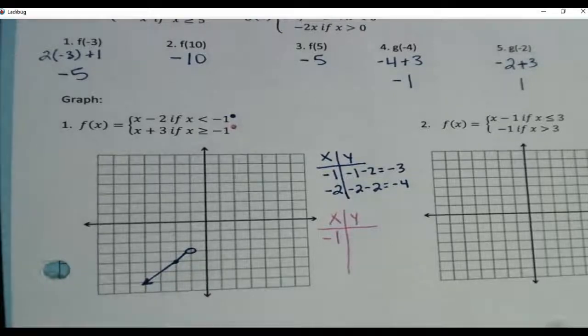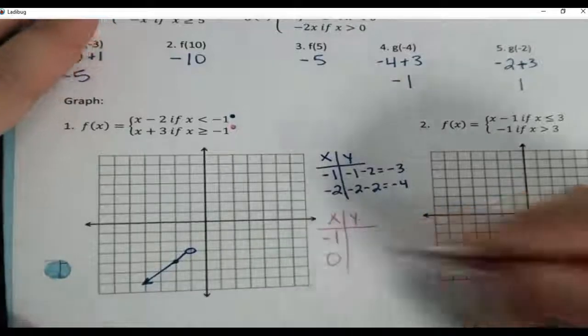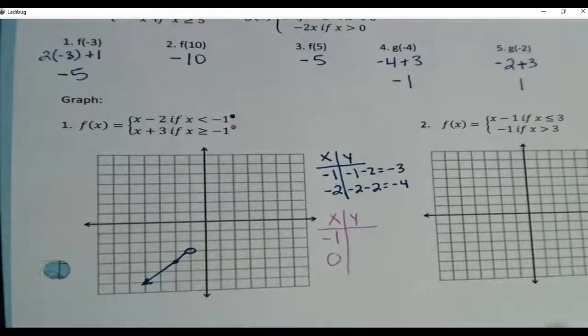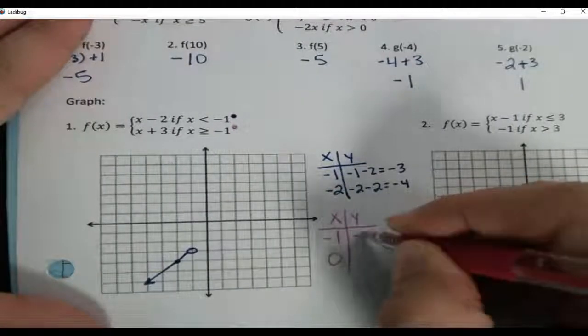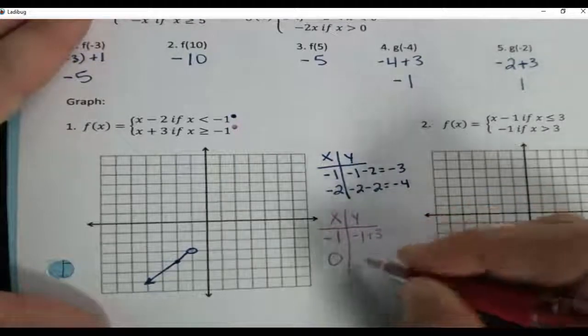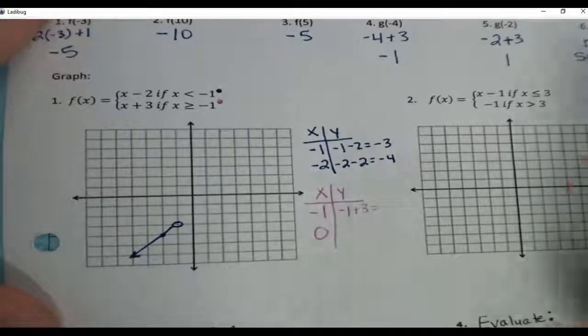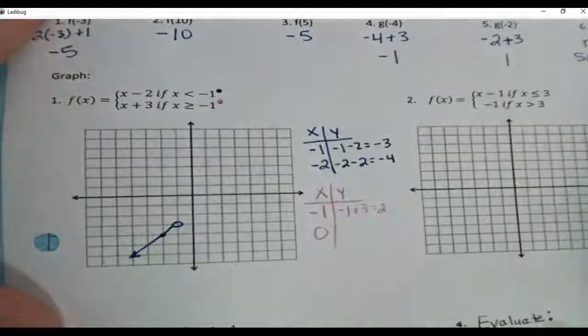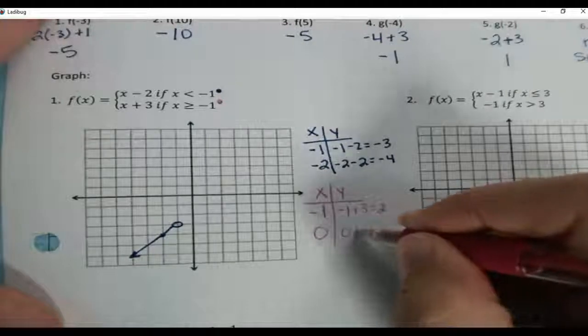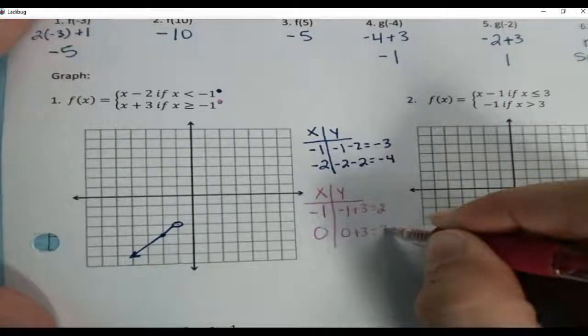But now I want greater than that. So what's greater than that? 0. Yeah. And so again, you can pick anything greater than that. Of course, you want it to fit on your graph, but anything greater than negative 1. Okay. And then again, we're just plugging it in. So negative 1 plus 3 gives us 2. And 0 plus 3 gives us 3.